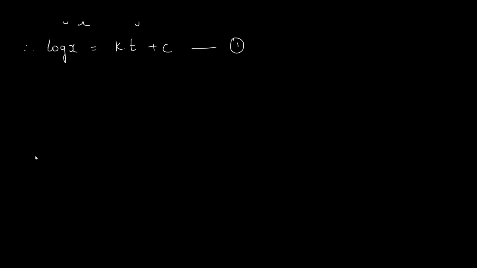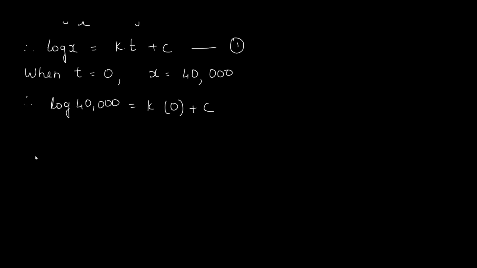Next step. Now we have initially the population is 40,000 according to the question. So when t is equal to 0, we have the population, that is x is equal to 40,000. And therefore we have log 40,000 is equal to k into 0 plus C. And therefore, log 40,000 is equal to C, because k into 0 is 0.